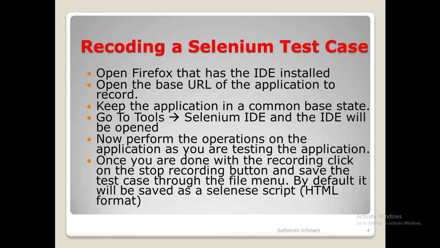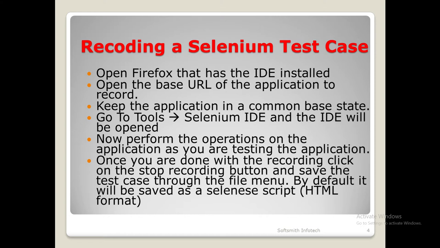Recording a Selenium test case has different steps. First, you have to open the Firefox that has the IDE installed. Next, open the base URL of the application to record. Next, you have to keep the application in a common base state.